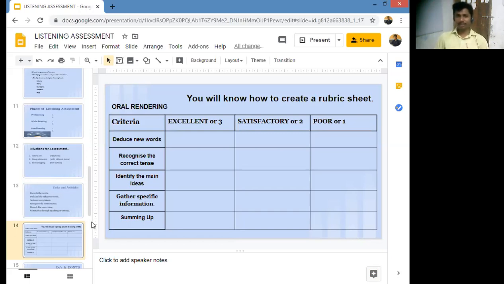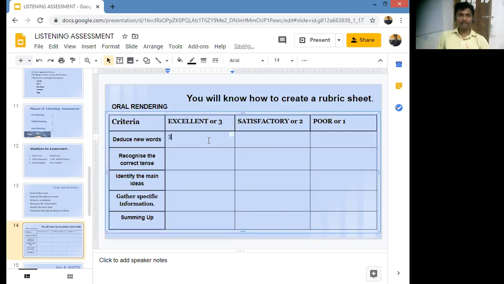If the learner is deducing the new words within a second, then I can give him 3 here. Suppose the second key is to recognize the correct tense.